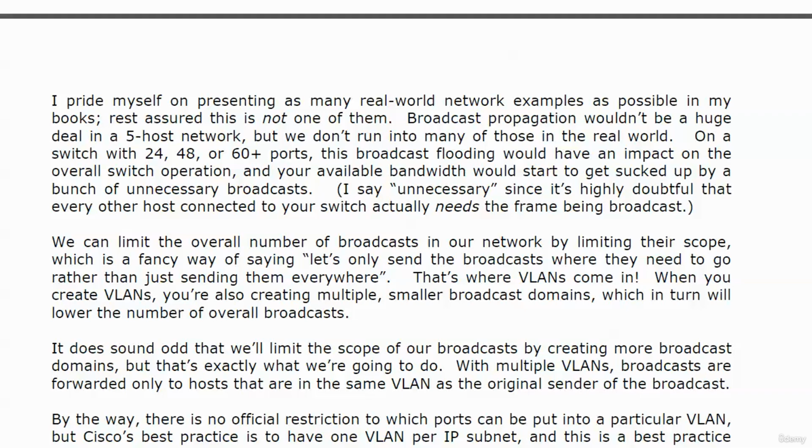And then we've got a broadcast, which is just destined for everybody we can get it to. And that's not something we really want to do on our switches. Now, what we're going to do to limit that scope of the broadcast is create VLANs. And when you create VLANs, you're also creating multiple smaller broadcast domains, which in turn lowers the number of overall broadcasts.